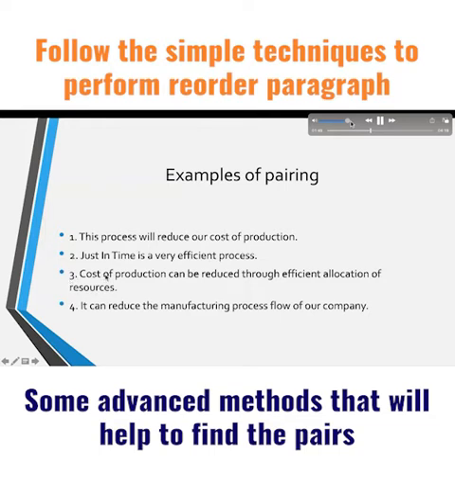So that means my pair is 1. So I have found out that my entire pairing is 2 is my first sentence, 1 is my second sentence, 3 is my third sentence, and 4 is my last sentence.